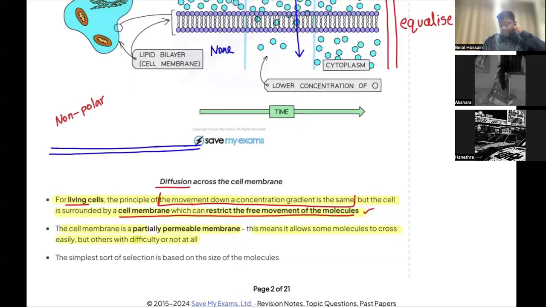Any substance that is non-polar, or oily, or oil soluble, can freely pass through the cell membrane.